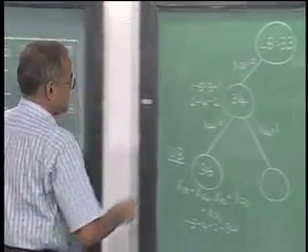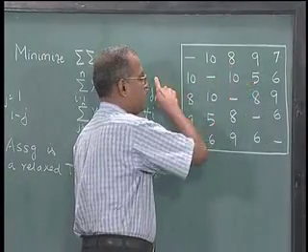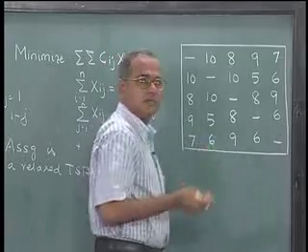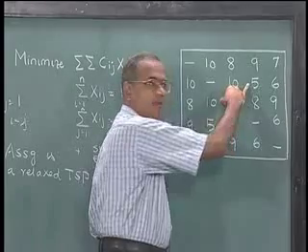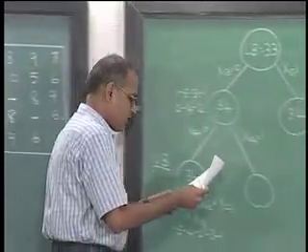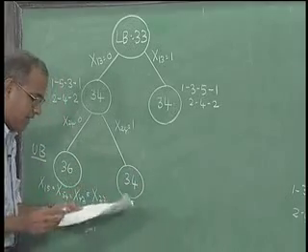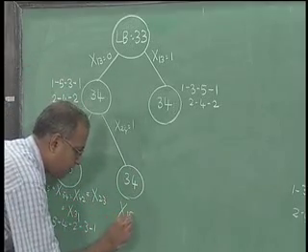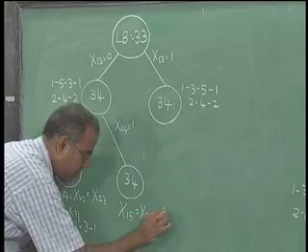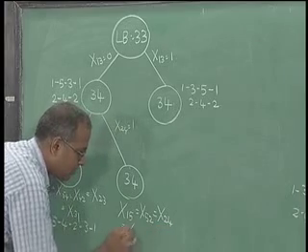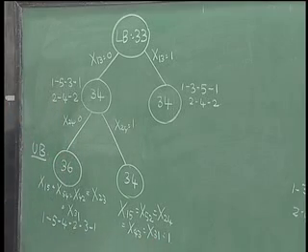When we start doing this node, we have to put a dash here, but we make an assignment here. So, we leave this row and this column, solve the remaining 4 by 4 and add this into the solution. This gives us a lower bound of 34 and we get a solution x 1 5 equal to x 5 2 equal to x 2 4 equal to x 4 3 equal to x 3 1 equal to 1.